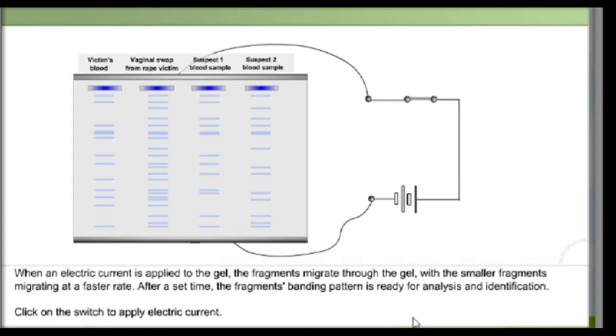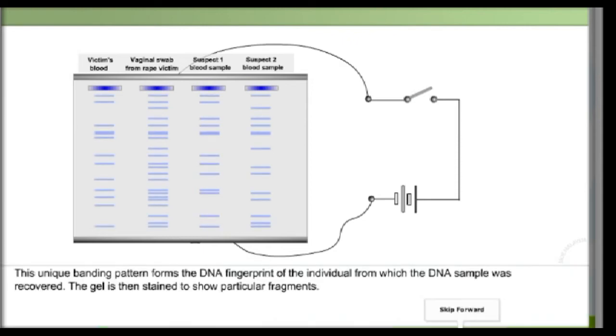After a set time, the fragment banding pattern is ready for analysis and identification. So now we have the DNA profiling or the banding pattern, and we analyze who is the most suspected rapist.